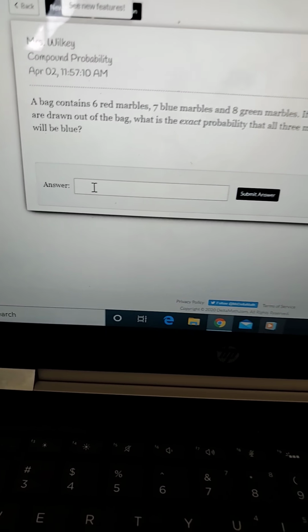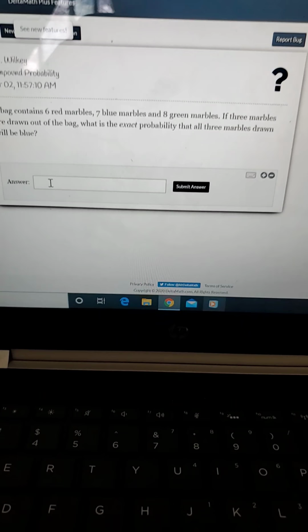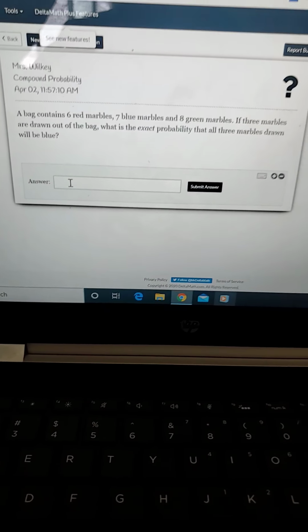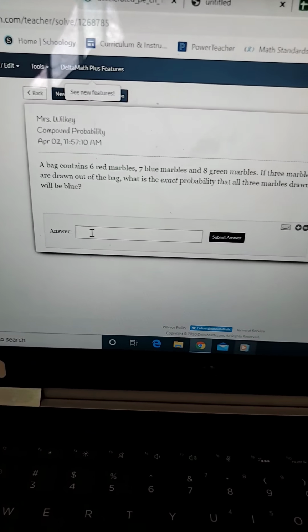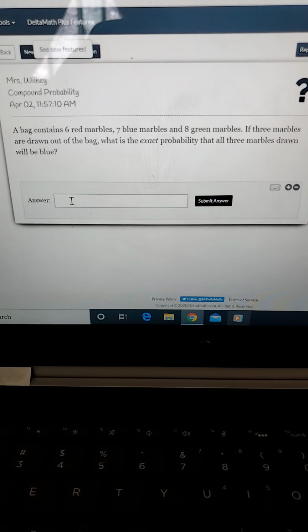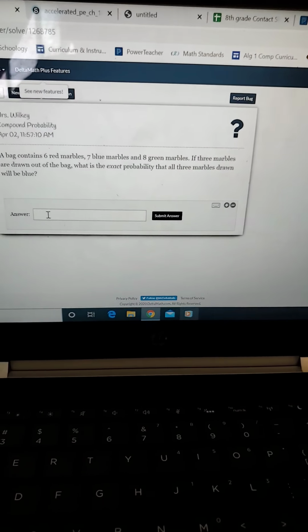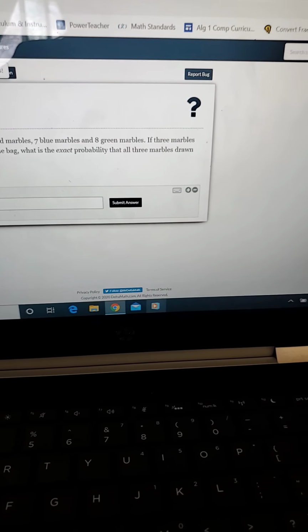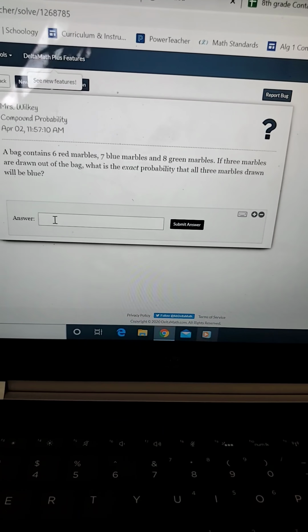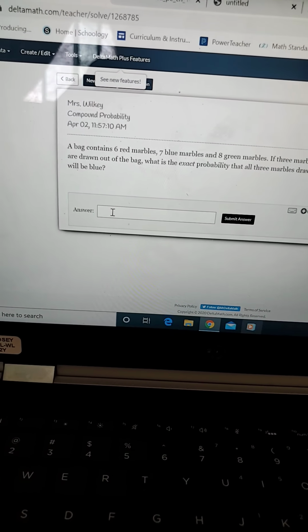All right, so a bag contains 6 red marbles, 7 blue marbles, and 8 green marbles. And that's just the same color of markers I have. That's awesome. So there's 6 red marbles, 7 blue marbles. I'm writing this on my board right now.